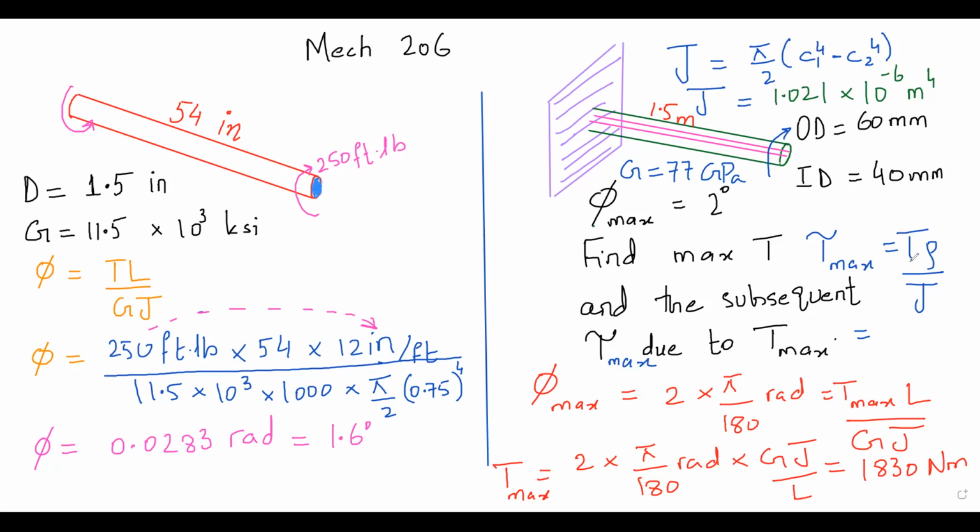So I will put T max, which you found as 1830 here, into 30 over, what was the J that you found? 1.021 into 10 power minus 6 meter power 4. 1830 Newton meter, 30 over 1000 meter. Boom. I don't know the value. You can give me the value.